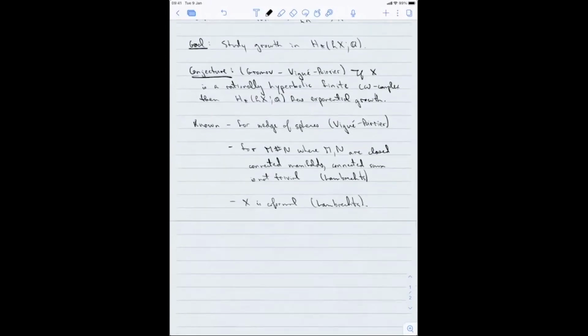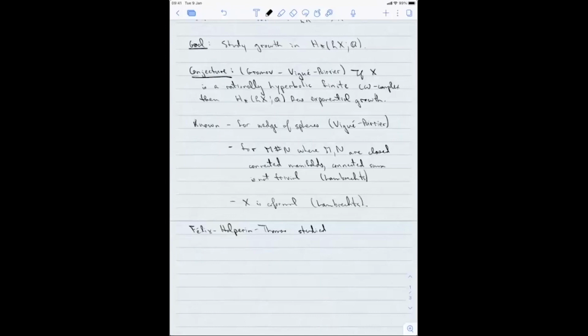Okay. Now, Félix, Halperin, and Thomas have also looked at this and tried to do a couple of things. They tried to look at some general statements about growth in the rational homology of a free loop space, where maybe in a fibration they're comparing one of the terms in the fibration to another. And they also looked at more finely tuned definitions of exponential growth.